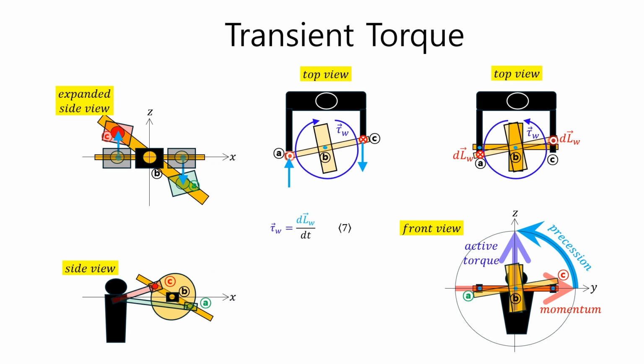Let's understand the gyroscopic precession through the movements of point A and C. In the right top view, if you push point A and pull point C, the direction of the torque is the positive z-axis direction. In the front view shown at the bottom right of the screen, this is the direction in which the active torque is directed.